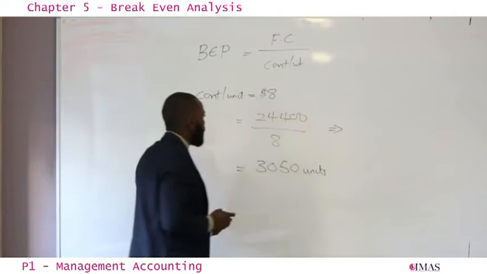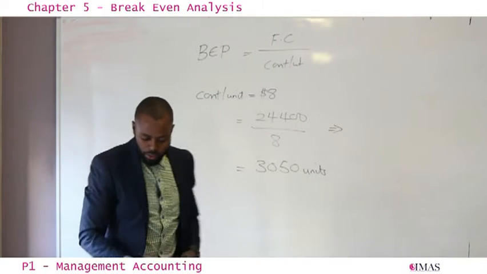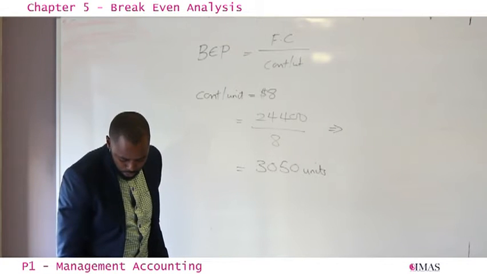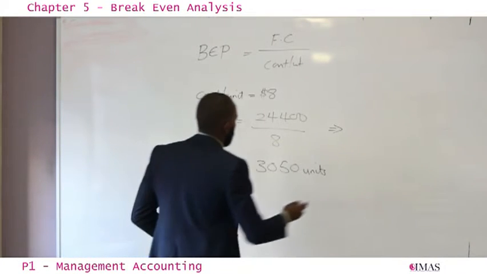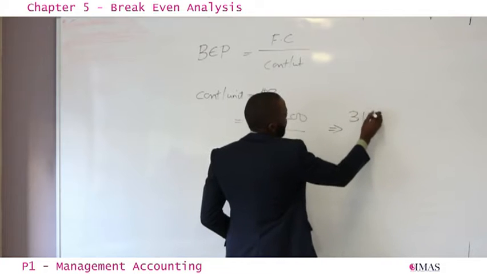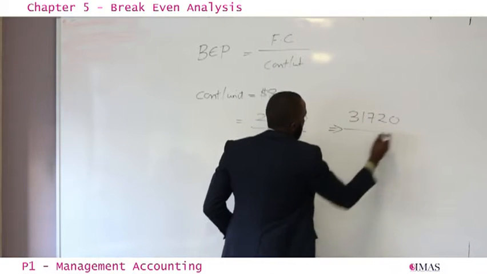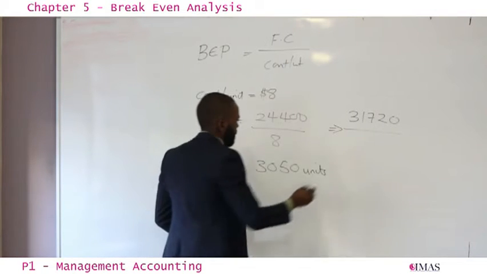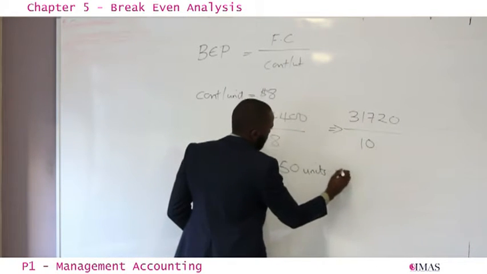Now we have a scenario where our fixed costs are increasing by 30%. So we take 24,400 times 1.3. That gives 31,720. Our contribution now per unit is 15 minus 5, which is 10.